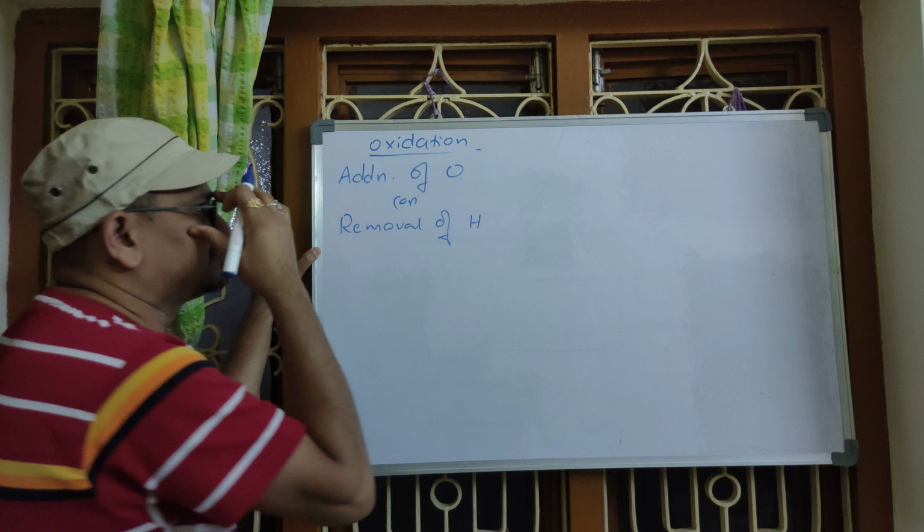Once again, suppose element A is reacting with oxygen O2, let us take complete oxygen existence. It is giving AO, 2 oxygens, balance this with 2 A's. This is what type of reaction? As oxygen is getting added, we can say it is oxidation reaction, right?